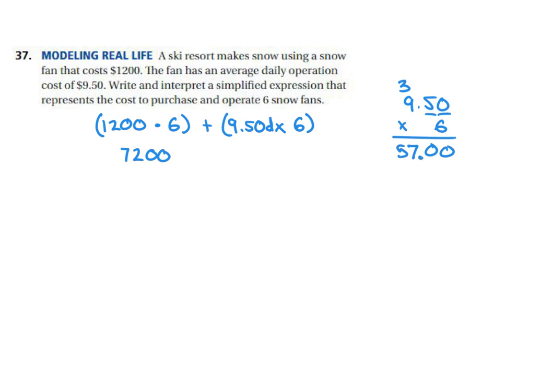And 2 digits after my decimal point. So I'm going to do the 57D. So there's my expression. It's going to cost $7,200 plus $57 per day.